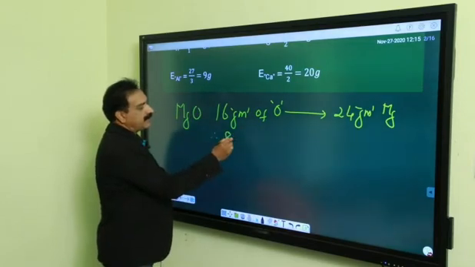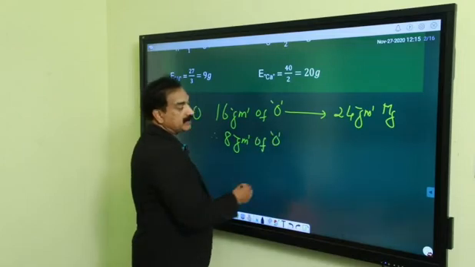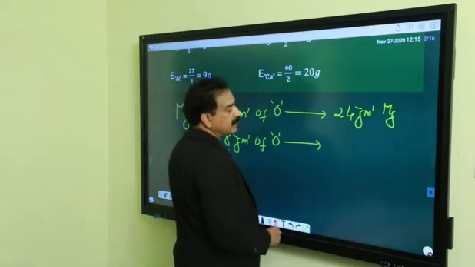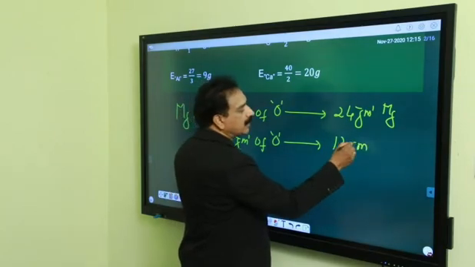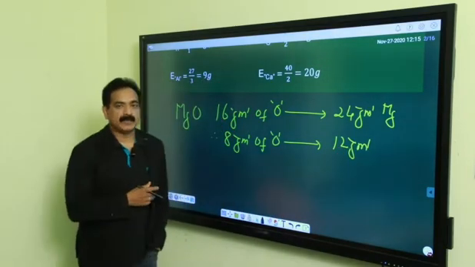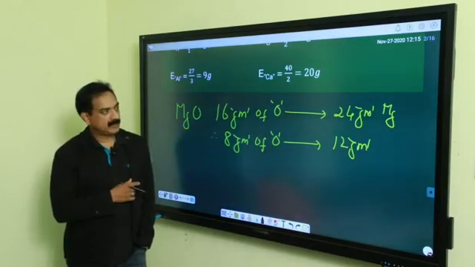Therefore 8 grams of oxygen will combine with 12 grams. So 12 grams is the equivalent mass of magnesium.